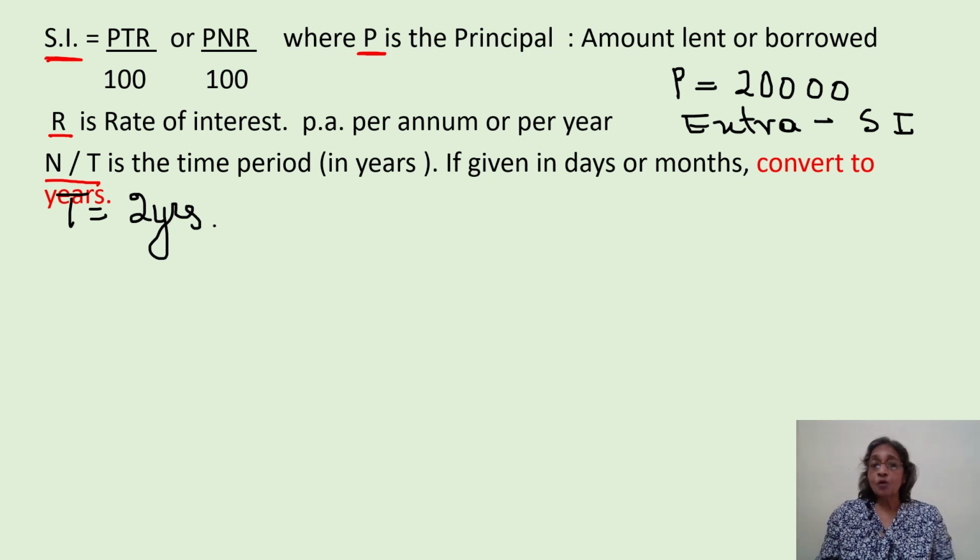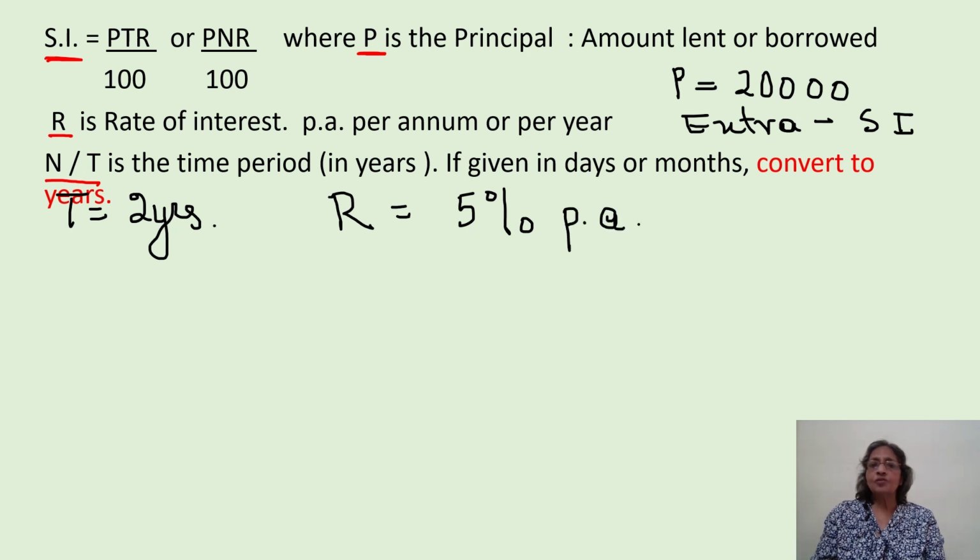But then supposing he doesn't give you this money after 2 years, 1,000 or 2,000, that extra amount may not be sufficient. So then you decide a certain percentage, okay, that is called as the rate. So you decide and you tell him, that I will give you at 5% PA.